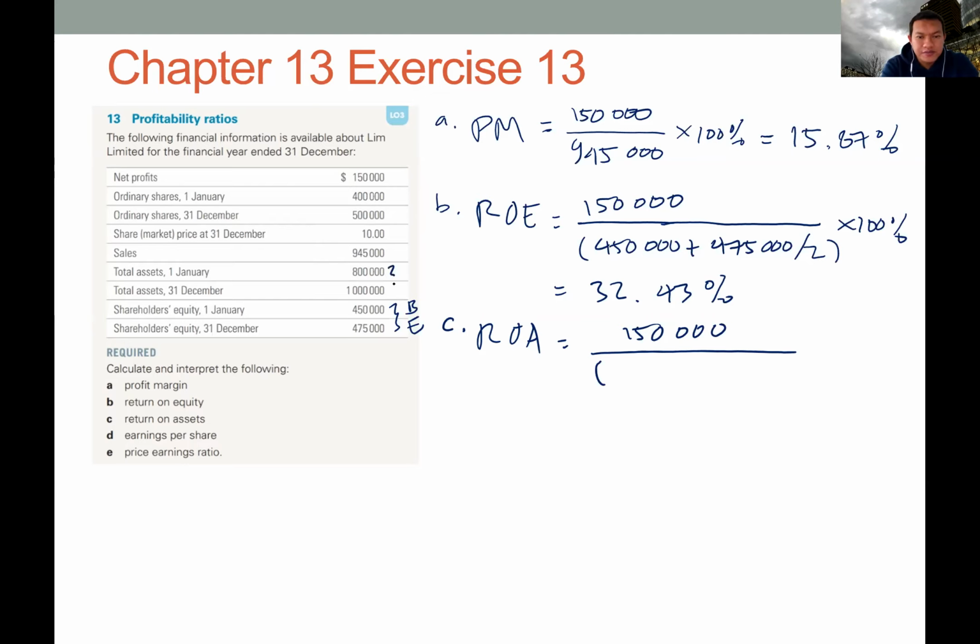The beginning balance is 800,000 and the ending balance is 1 million. So 800,000 plus 1 million divided by 2 times 100%. Okay, so we get 16.67%.